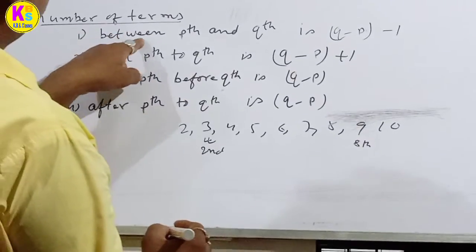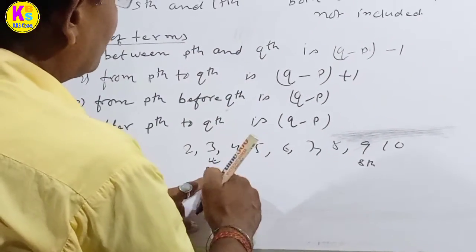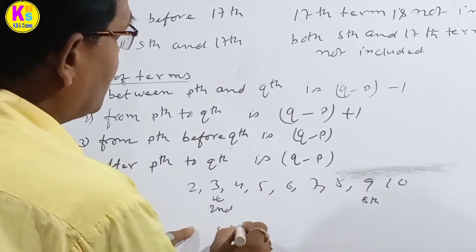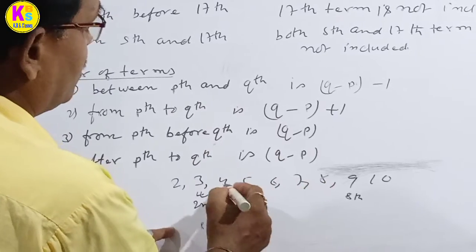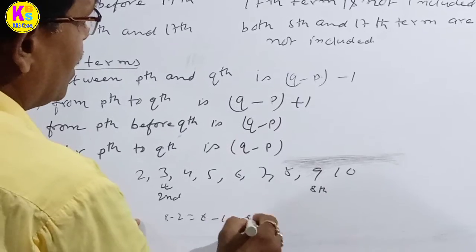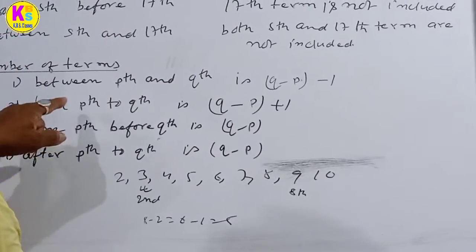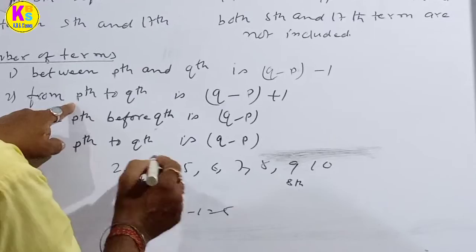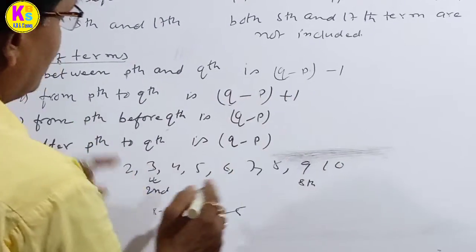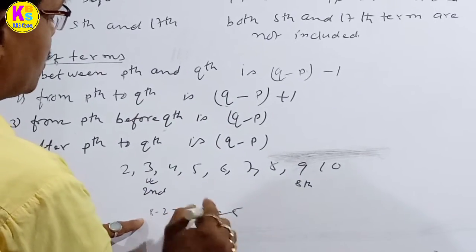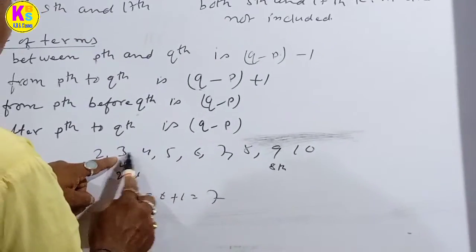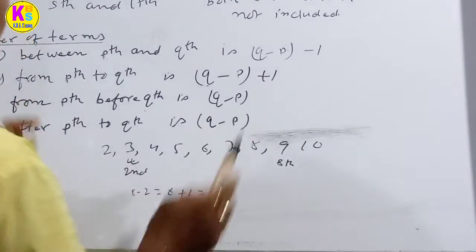So between the pth and qth, that means between 2 and 8, how many terms are there? 8 minus 2 is equal to 6, but no, not 6 are there: 1, 2, 3, 4, 5, only 5 terms. That is why we subtract 1 and get 5 terms. In the same way, from the second term to the 8th term, q minus p plus 1, that is 6 plus 1, will be 7. Count here: 1, 2, 3, 4, 5, 6, 7.